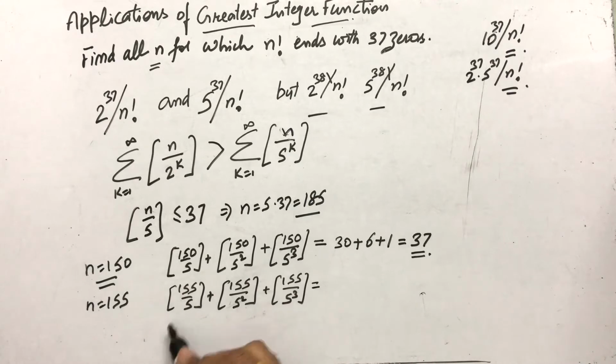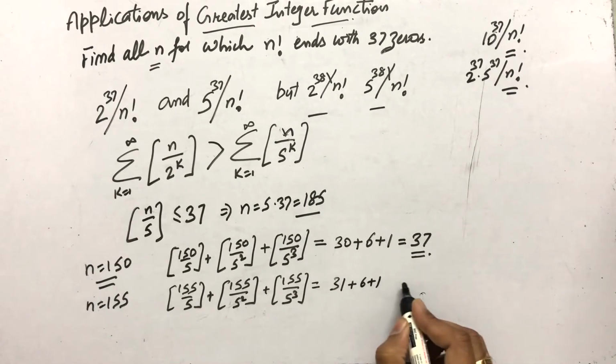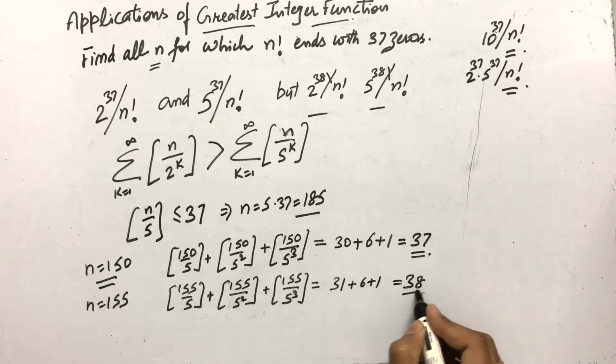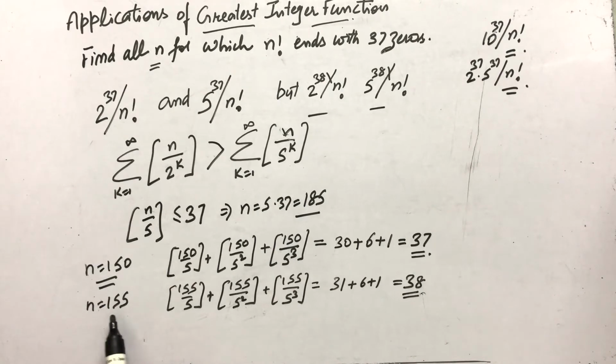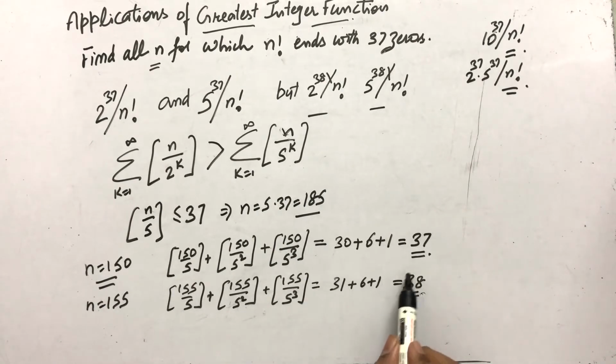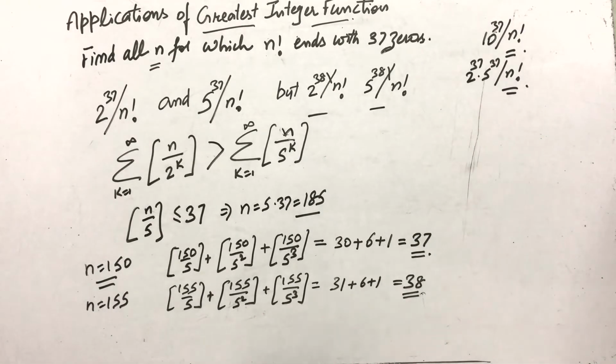And after solving this, this is 31, 6 plus 1, that is 38. As you see, when we take 155, we cross this, but this is not possible because 5 power 38 does not divide n factorial. Okay, let us check for some lesser value, 149.